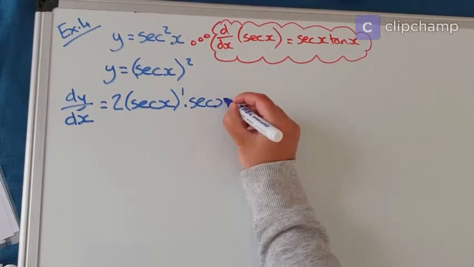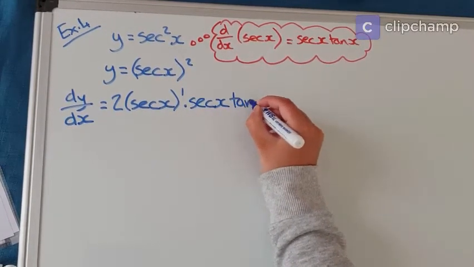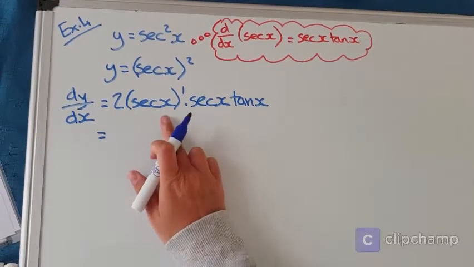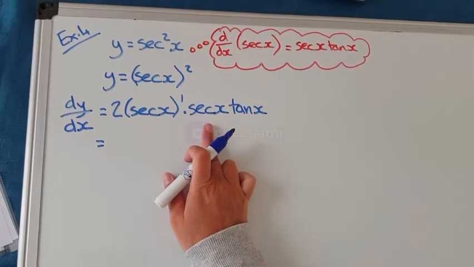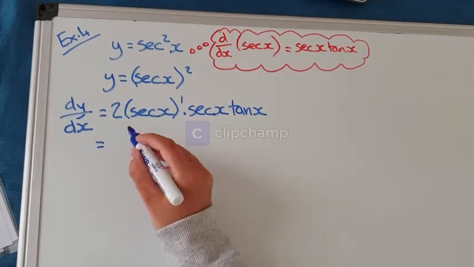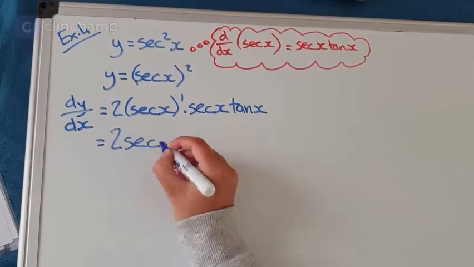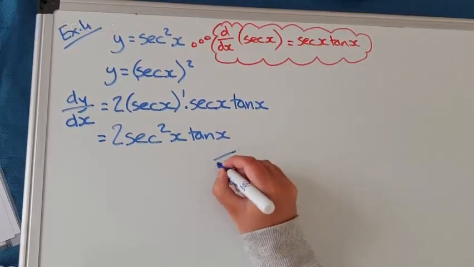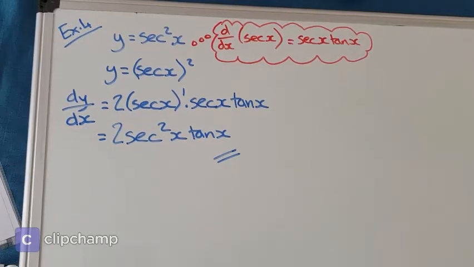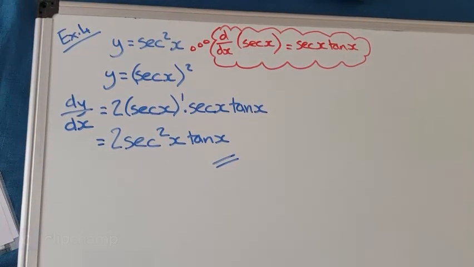So I'm going to write that down. So I've got sec x times sec x, which is sec x all squared, or sec squared x. So I'm going to write that down, 2 sec squared x times tan x. And I'm going to just leave it like that.